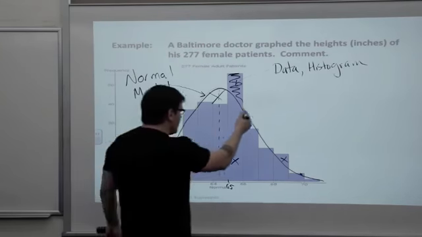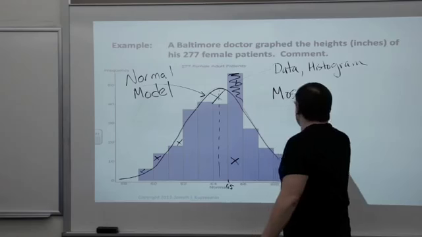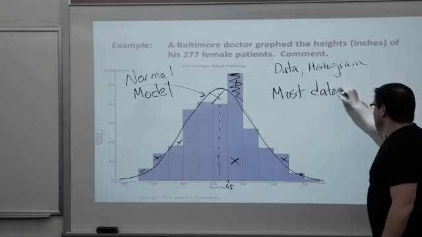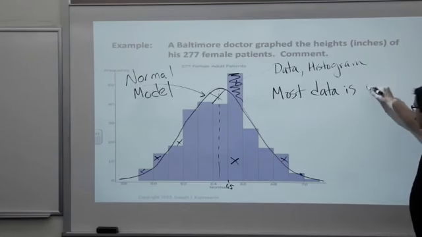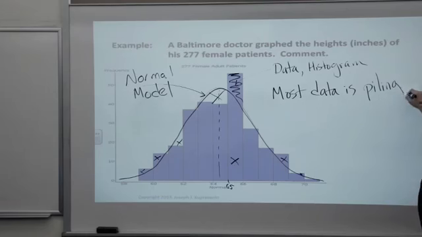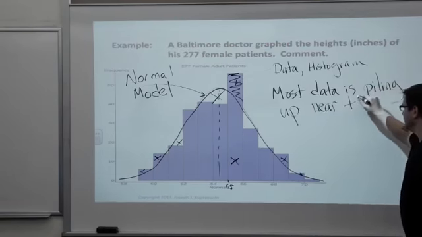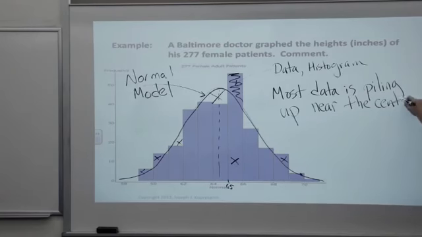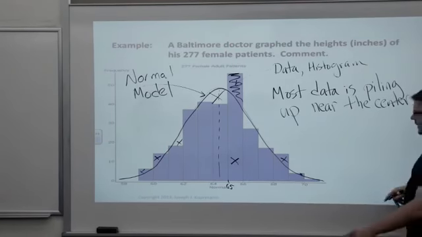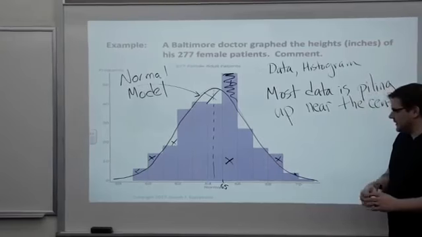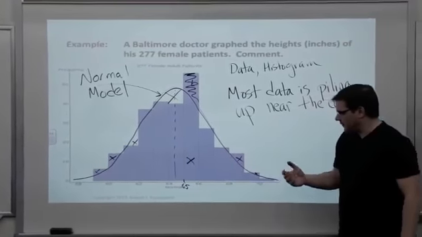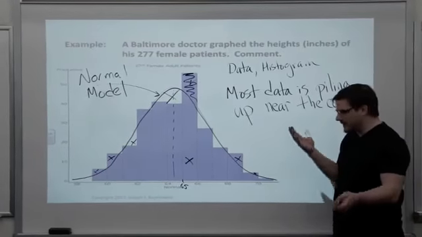Normal models, you can see a few things here. Most of the data is piling up in the center. So the average height of a female in America maybe is about 5'4", 5'3.5", 5'4.5", somewhere in there.